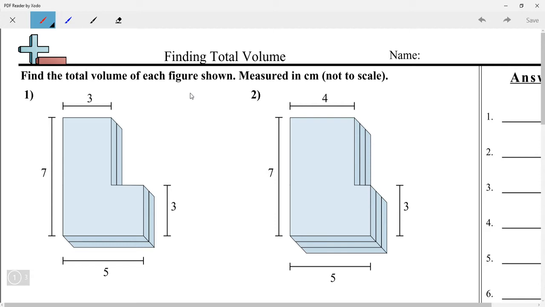Volume would be the amount of space in the room that, like, air would be able to take up. Or you could think about it as liquid, like how much it would take for liquid to fill it up.